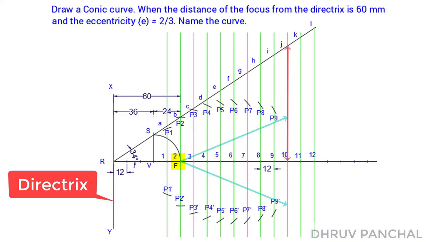Take distance J10 as a radius and point F as a center, draw two arcs on line J10 to get point P10 and P10 dash.